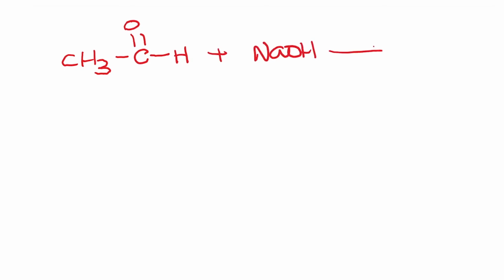Now let's move on to the next topic, which is the aldol reaction. So the aldol reaction, very simply, let's take a standard example of acetaldehyde, CH3 double bond O, H, and when you react this with a base, what you would expect is the formation of the enolate. I think all of you are quite familiar with this now.